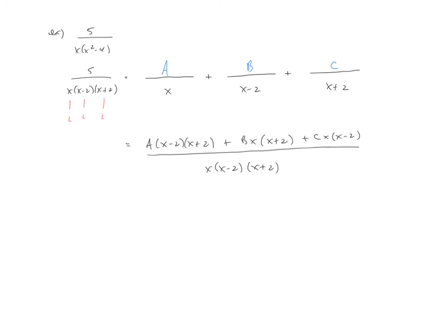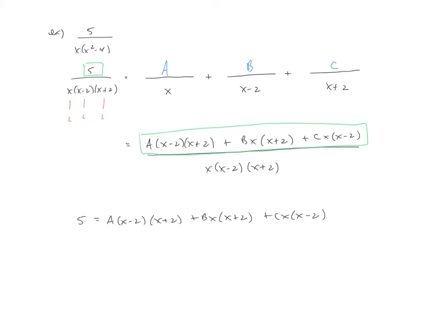To combine these into this, I just used my LCD, as we have in the past, and we came up with this. But now what we've established is that this numerator has to equal this numerator right here. So that's going to give us 5 equals A times x minus 2 times x plus 2, plus B x times x plus 2, plus C x times x minus 2.